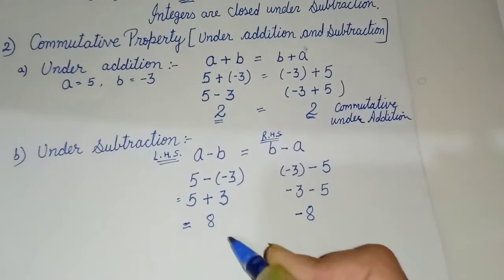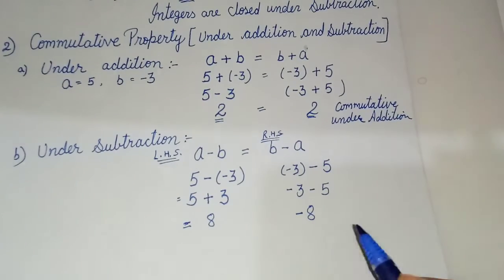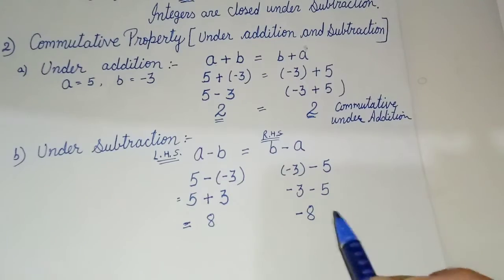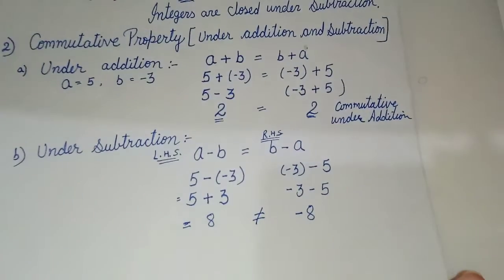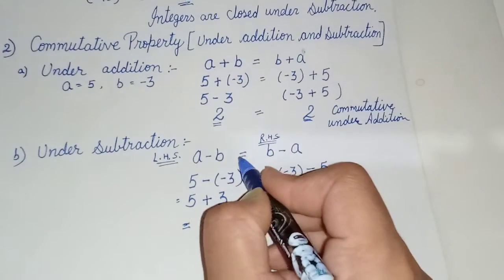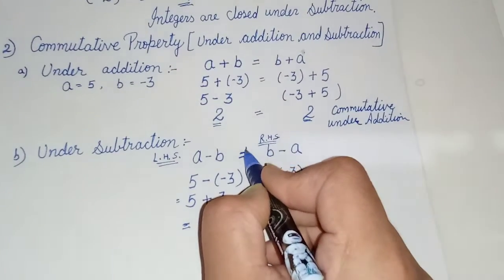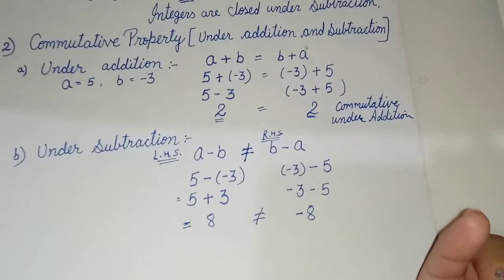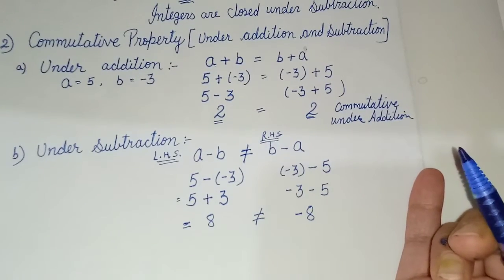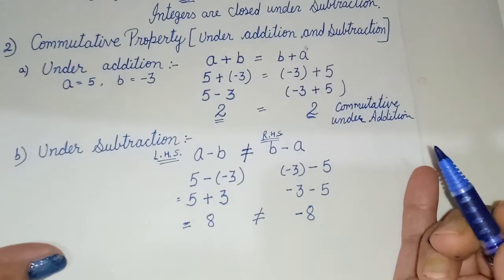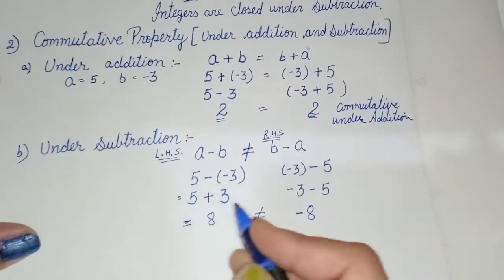So what do you see here? Have we got the same answer in both cases? Are 8 and -8 equal? No, they are not equal. So we can say that A minus B is not equal to B minus A. That means in the case of subtraction, you cannot change the order of the numbers.